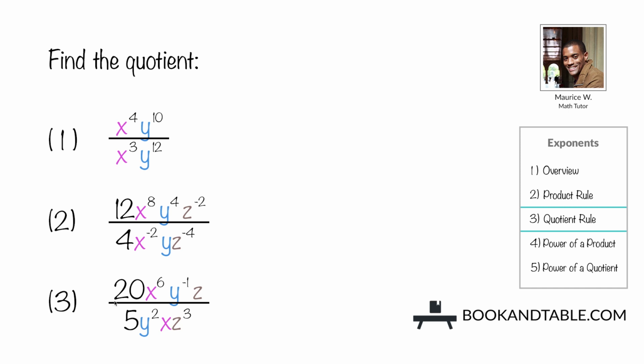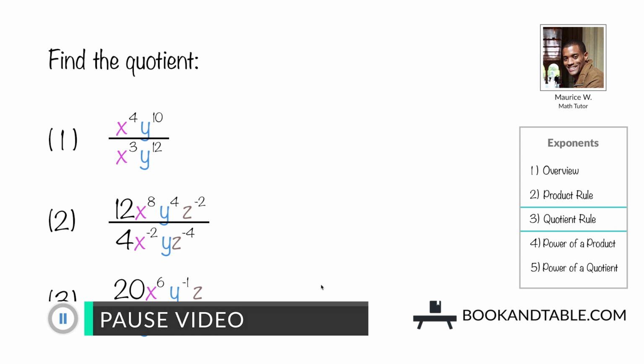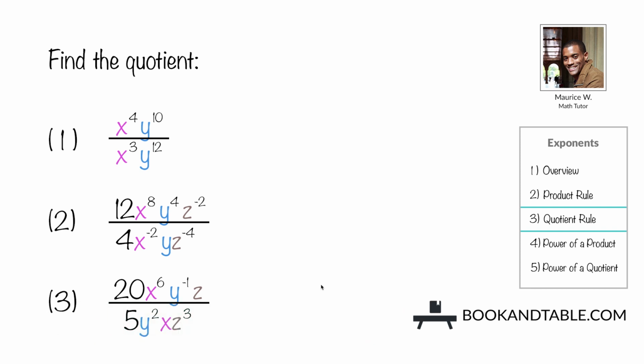Question number 3, 20, x to the 6th, y to the negative 1 times z, divided by 5, y squared, x, z cubed. Pause the video, answer these questions, and then press play when you are ready to begin.